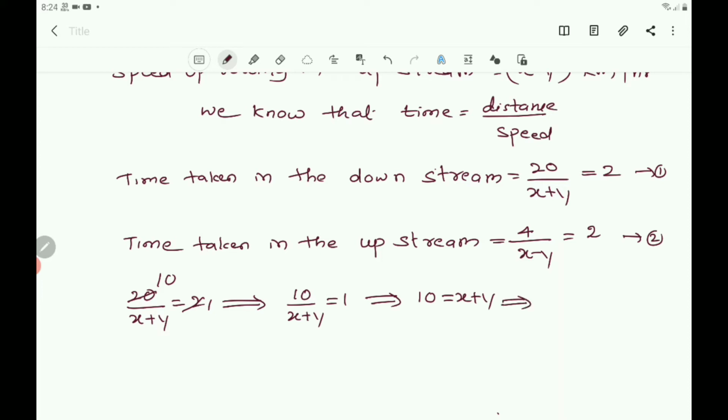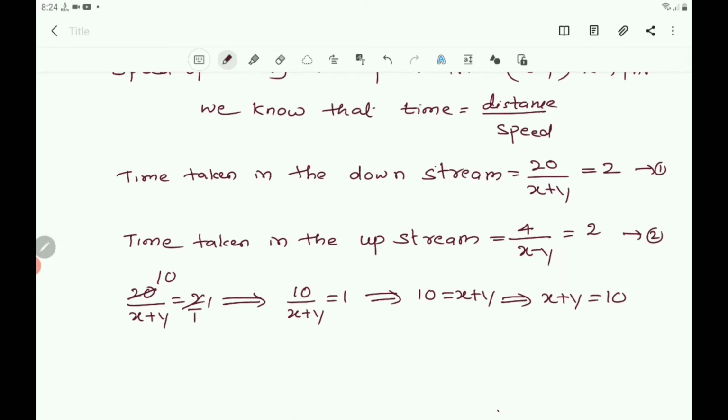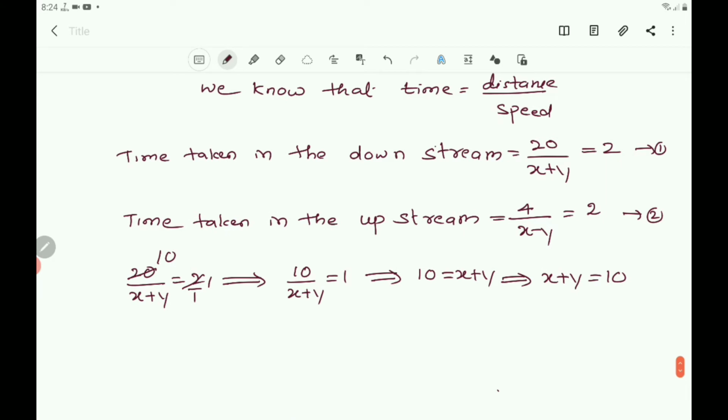That implies x plus y equals 10. So you got the first equation as x plus y equals 10.